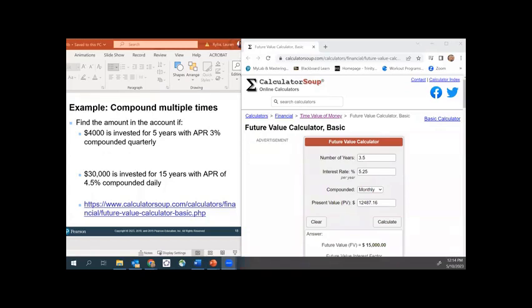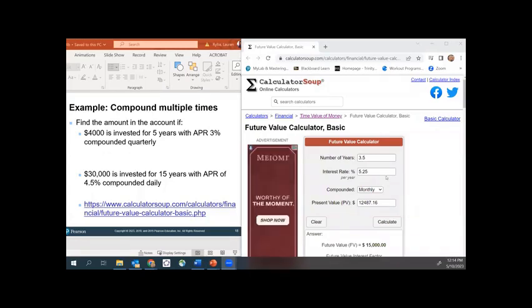All right, so here is the future value calculator. And let's see how we would do that with these problems. Find the amount in the account if $4,000 is invested for 5 years with an annual percentage rate of 3% compounded quarterly. So the first thing it has us do is type the number of years, which is 5. Then it has us type the interest rate, which is 3. It then has us select how it is compounded. You have daily, monthly, quarterly, or yearly.